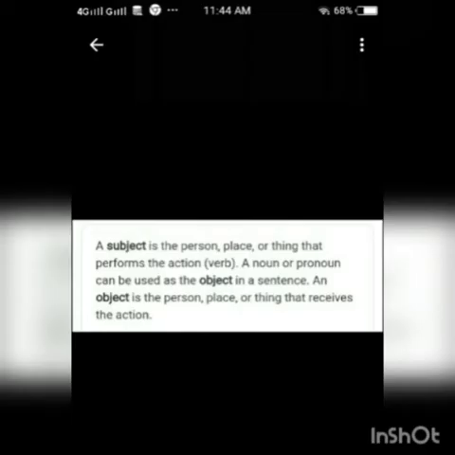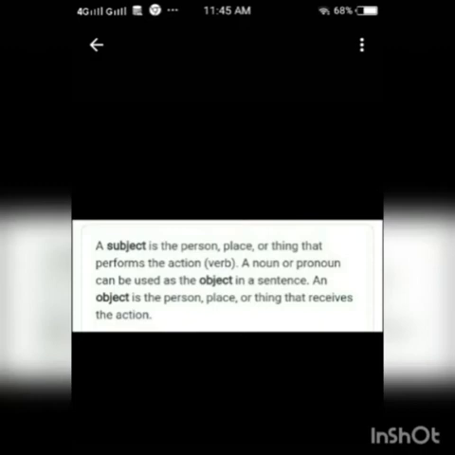So dear students, before knowing the structure of the positive sentences of the simple present tense, you have to know about subject, verb and object. A subject is the person, place or thing that performs the action. And what is a verb? The action words are called verbs. And what about the object?